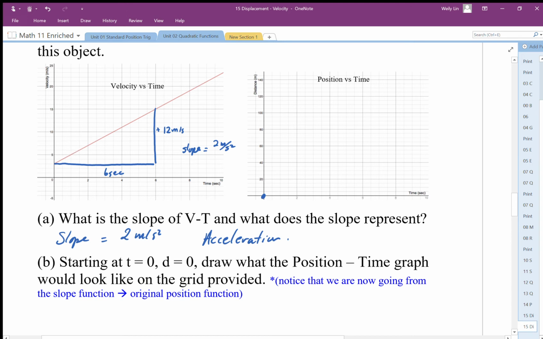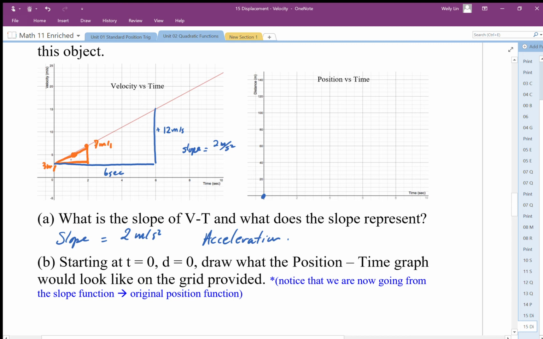Well, I've got a good idea here. Why don't we just do over this small time interval, we know that the average velocity is going to be, well, we started at 3 meters per second, and we ended at 7 meters per second.